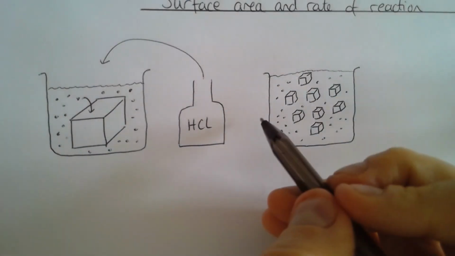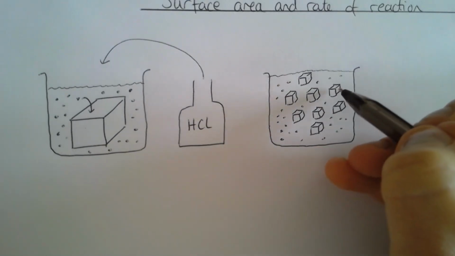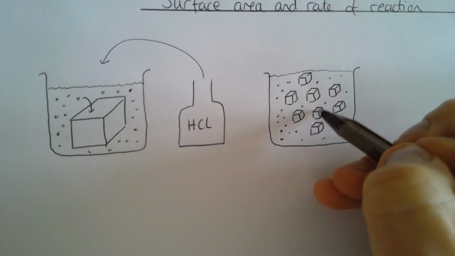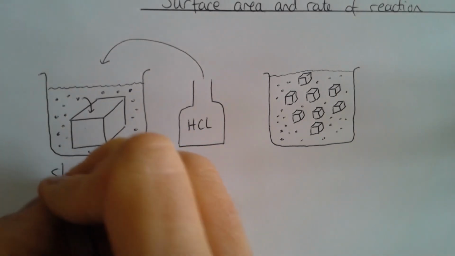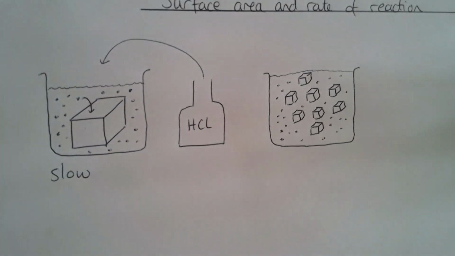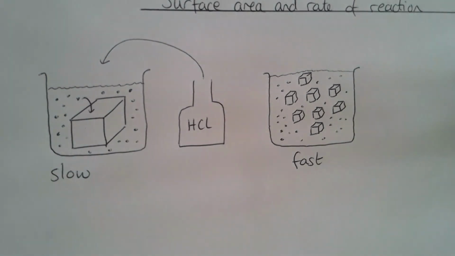In this example we've got much greater area of exposed surface where the particles can collide and a reaction can take place. So what we would see is this reaction would be slow, and that reaction would be fast. So what's actually happened here?